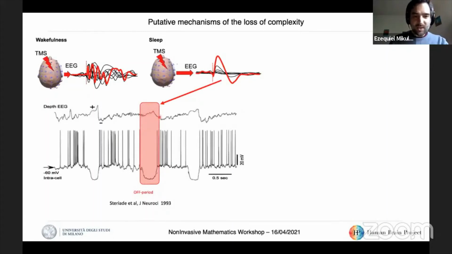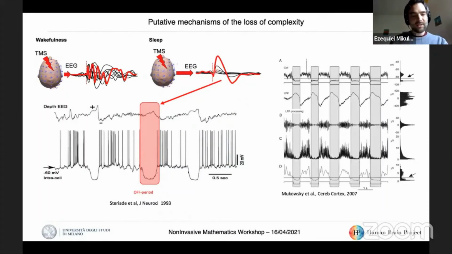And these slow waves, if you look at the cellular level, are associated with what is called an off period or a down state. That is a period of neuronal silence, a period where neurons stop firing. So we hypothesize that this could be the mechanism behind what we observed here.